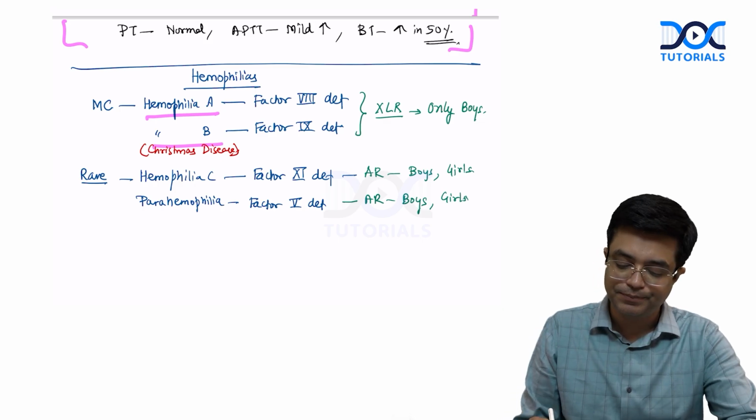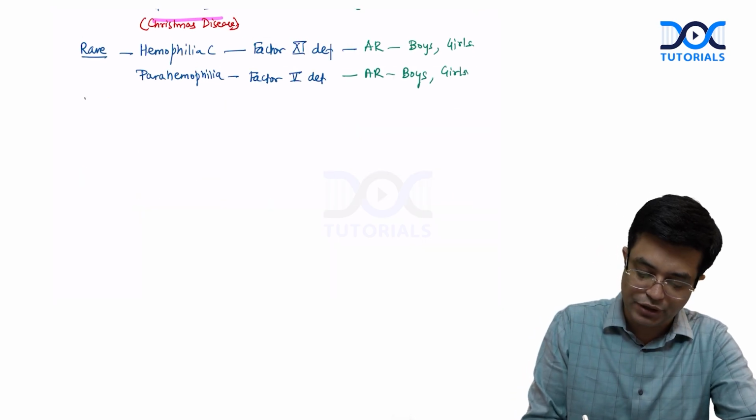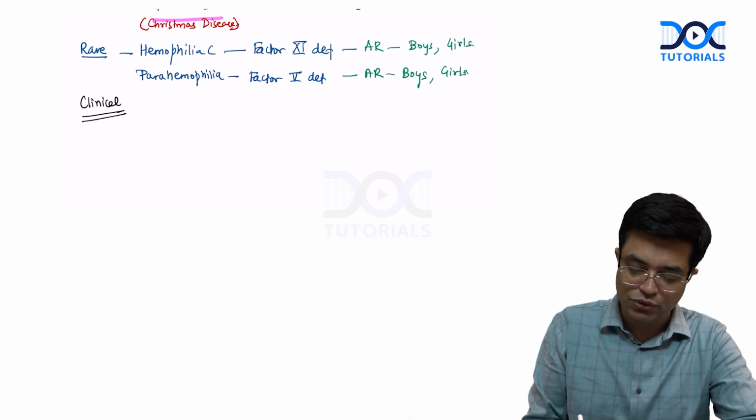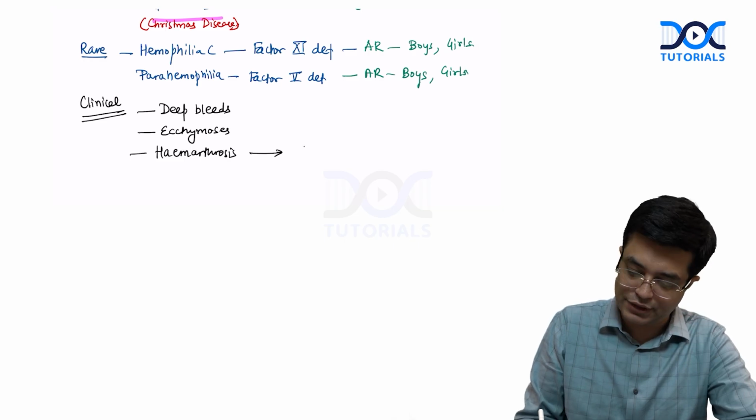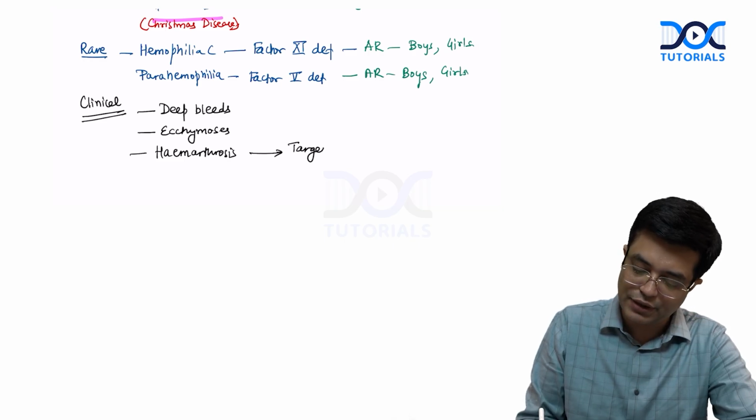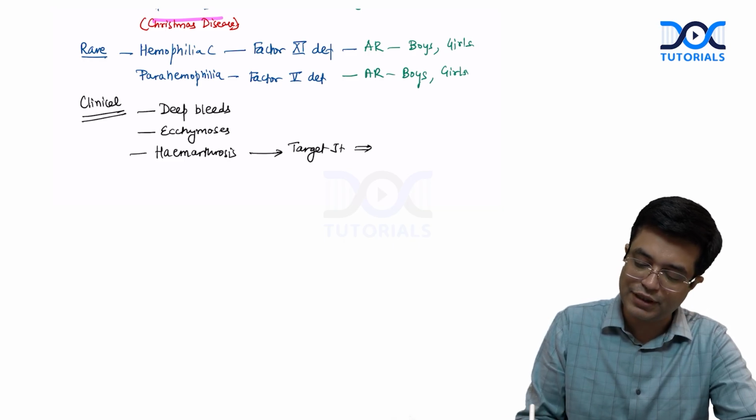Now, what is the clinical picture that you need to remember in hemophilias? So, patient will have deep-seated bleedings, they will have ecchymosis, they will have hemarthrosis. Recurrent hemarthrosis in a joint is called a target joint. And the most commonly affected target joint is the knee joint.